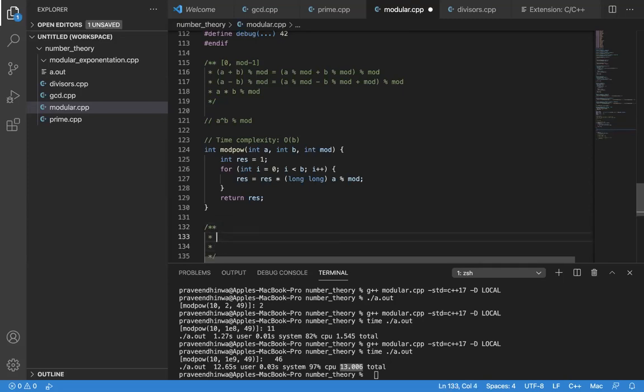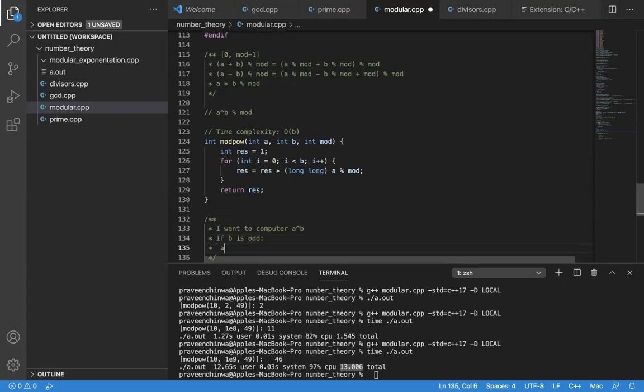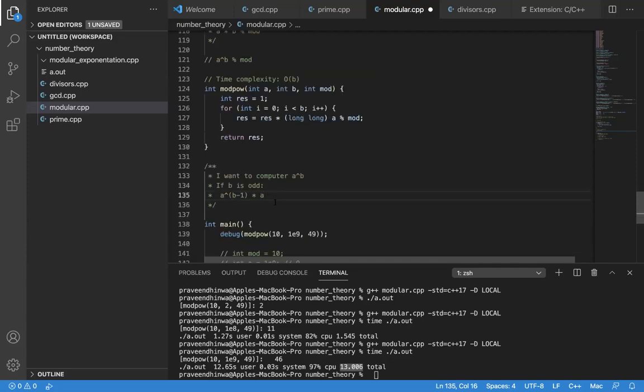There's a very simple identity. Suppose I want to compute a power b. If b is odd, I can write it as a power b minus 1 times a. Can I write it in this way? If b is odd, then b minus 1 would be even.